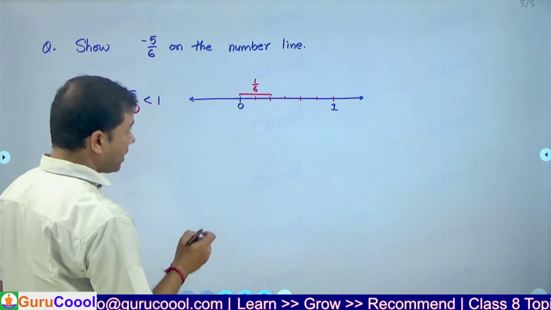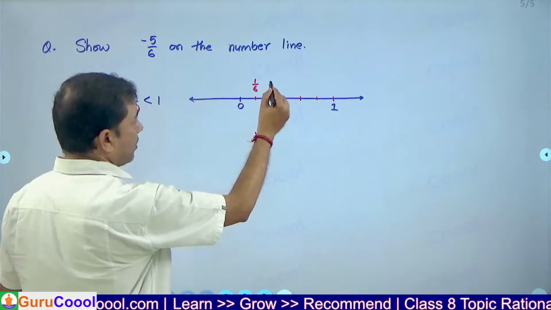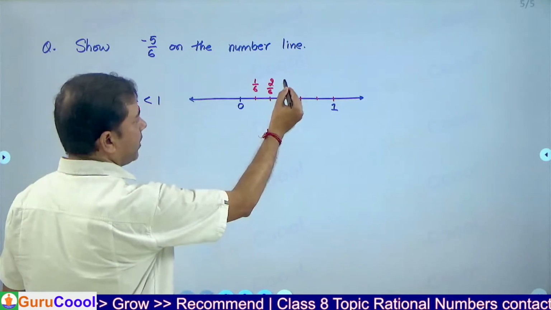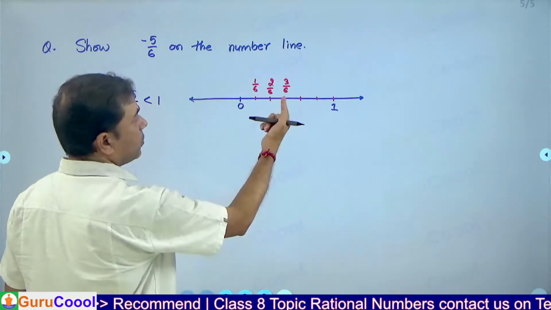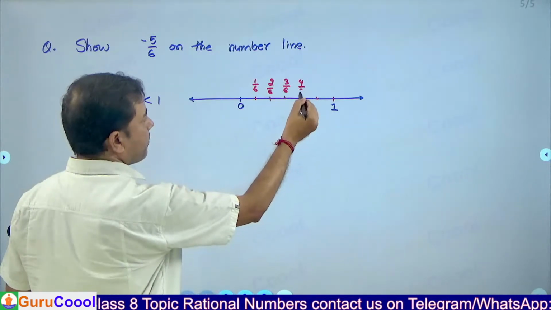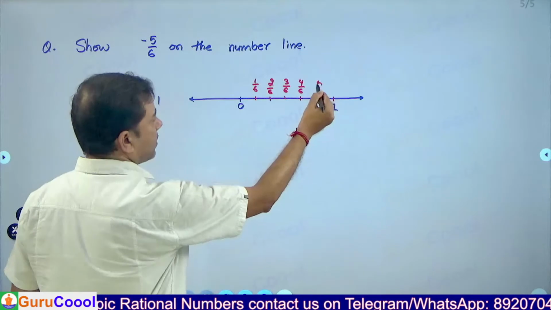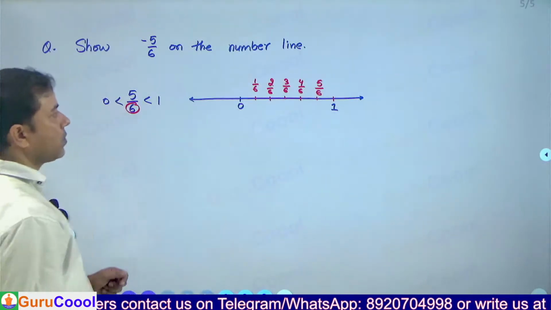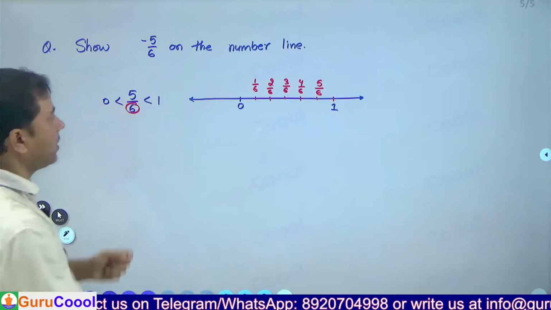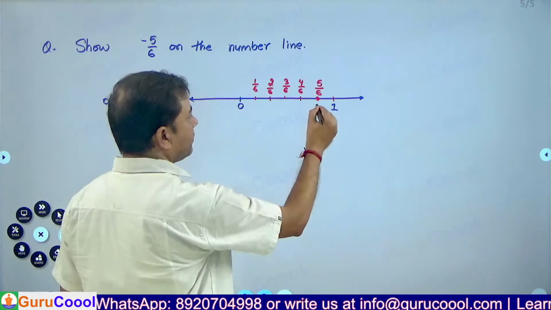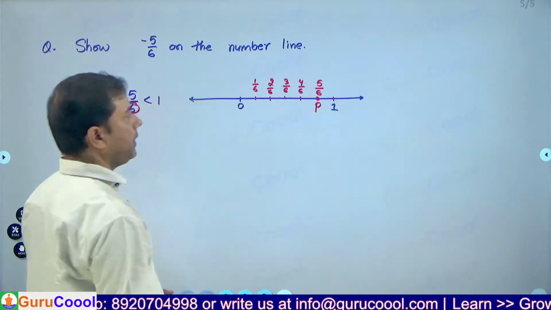So it became 2 by 6. Similarly, this is 3 by 6, also 1 by 2, 4 by 6, and then 5 by 6. Well, so if we have to show 5 by 6 on the number line, here it is. Let us call it point P.